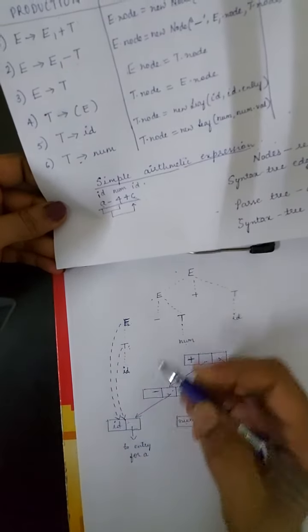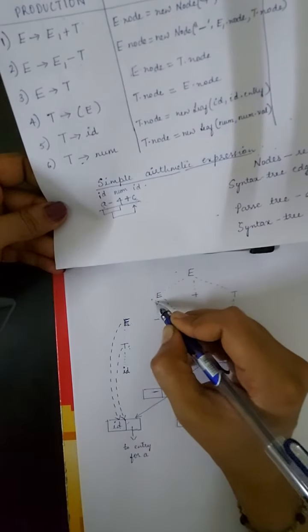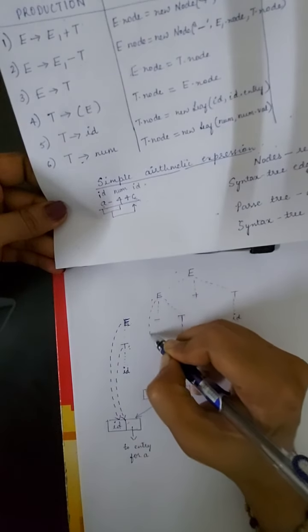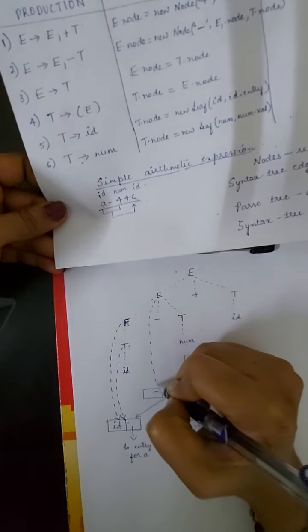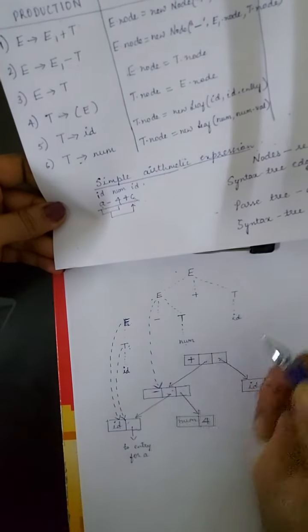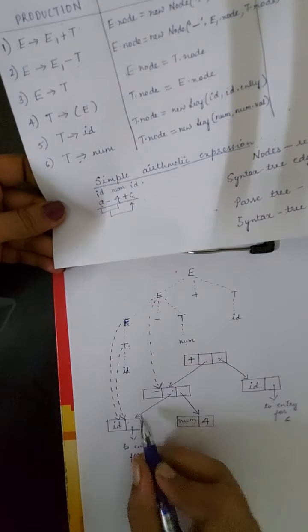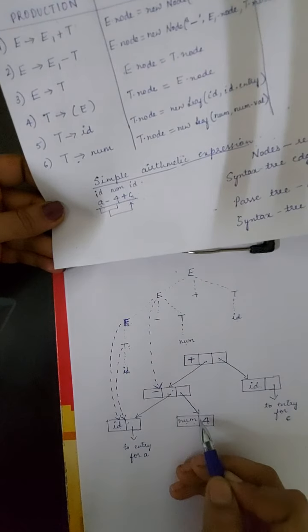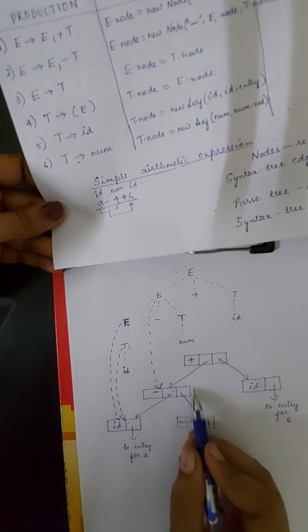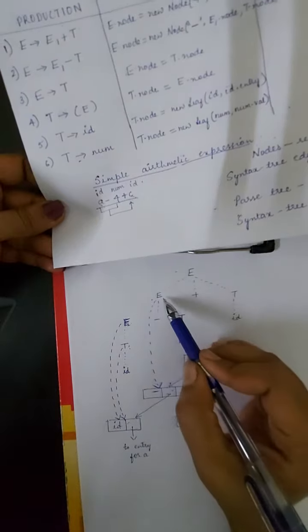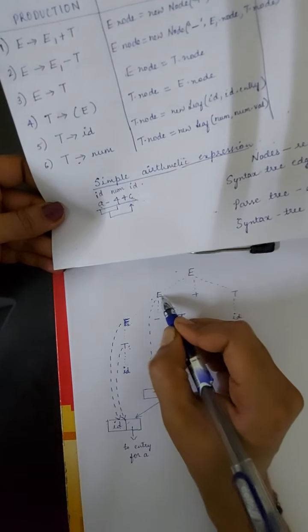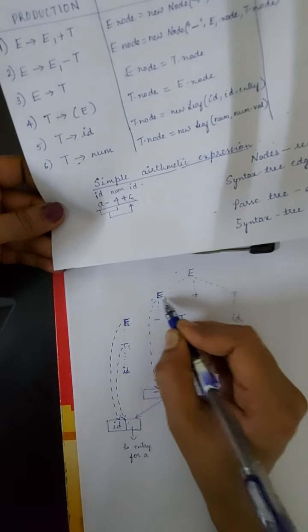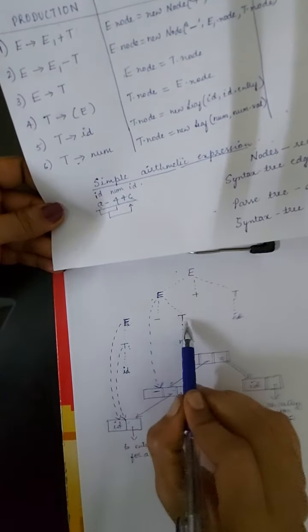Alright. In the same way, this node is pointing to this object because it has the value of this as well as this, ID minus num. That value is stored in this object. That represents this node or non-terminal, correct? What is this pointing to? E minus T, right?